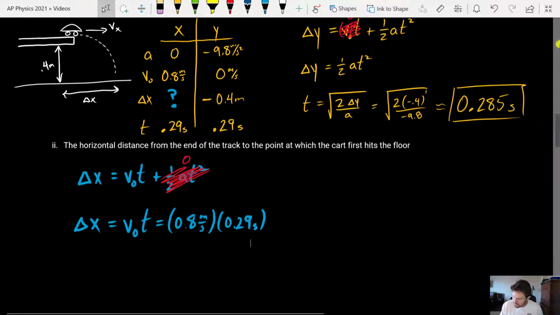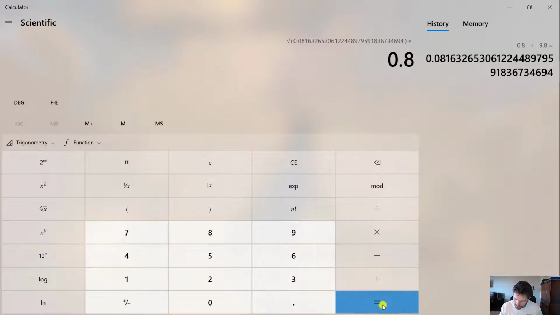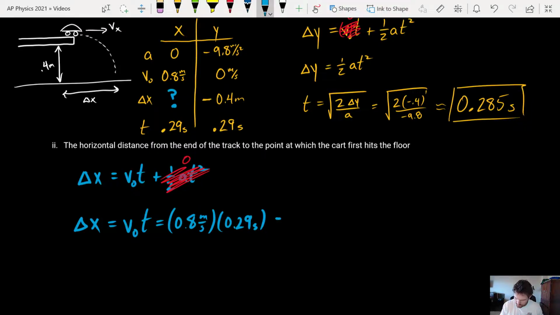And let's figure out what that is. So all of this times 0.8. 0.22 meters. Boom.